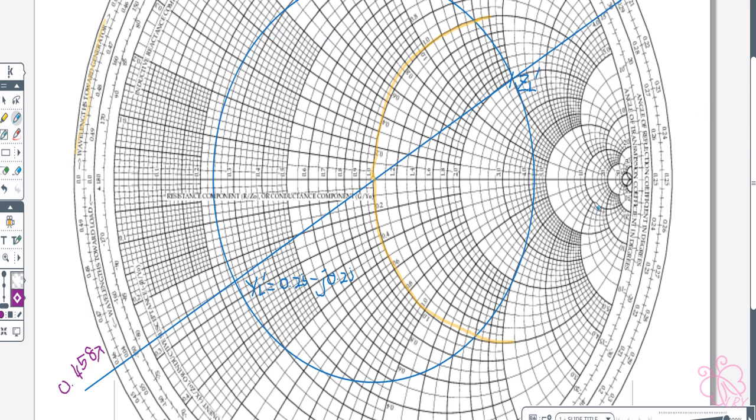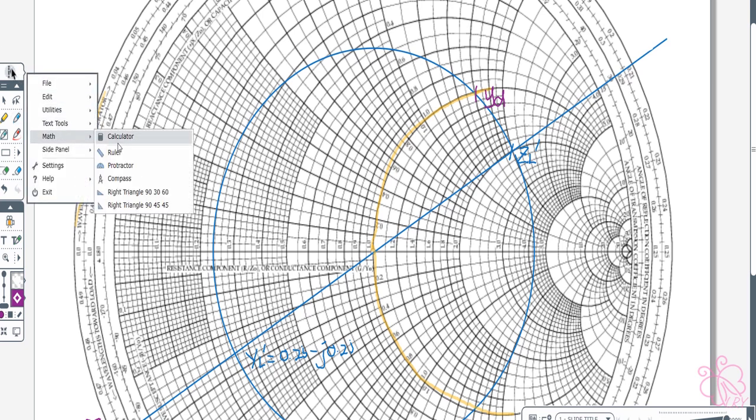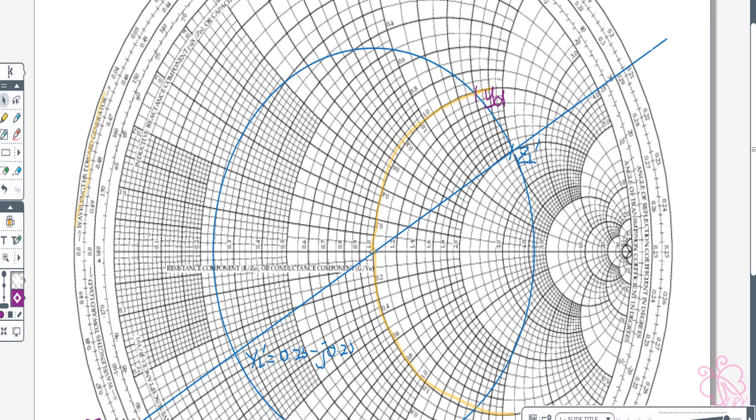Since we're going clockwise, the first intersection is up here. I'm going to label that as our YD. Then we need to draw from the center point to YD.